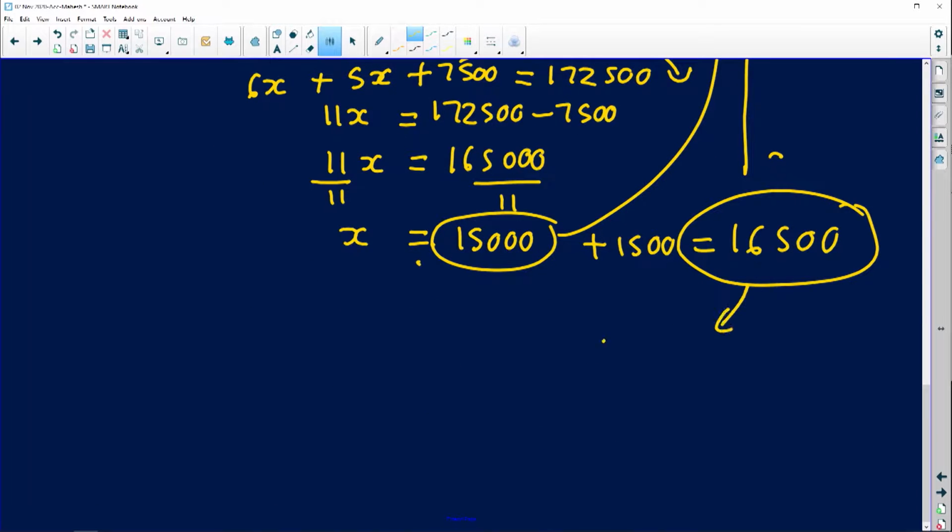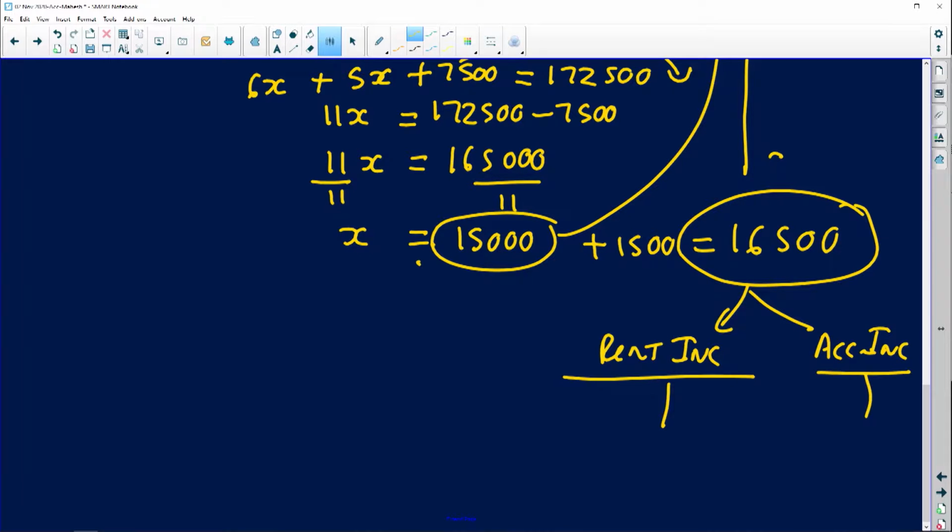Okay, so I've got rent income, and the other account affected is accrued income. Okay, so rent income, this amount is still owed. So obviously rent income, I am now going to include the 16,500 in my income statement.